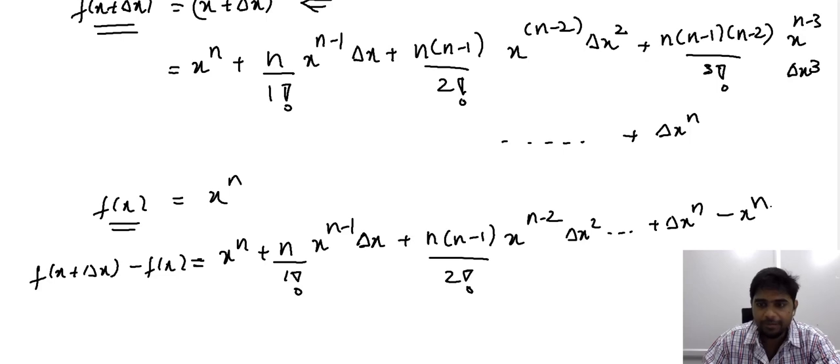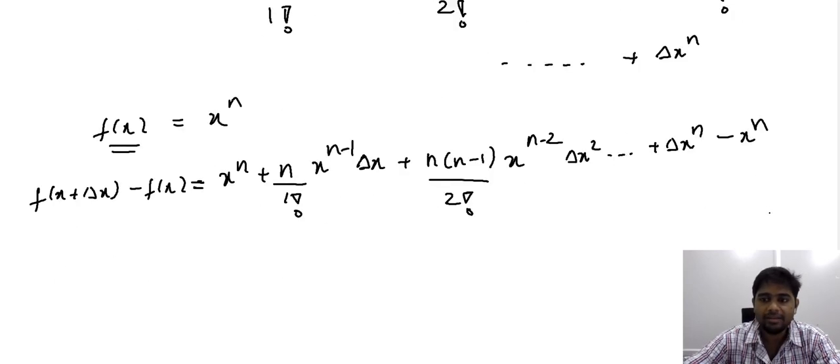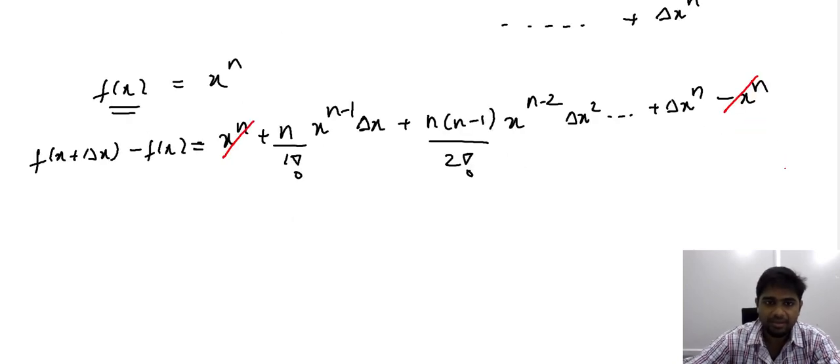Now it is possible for us to cancel these two x power n terms, and what we end up with is that the difference between f of x plus delta x and f of x is n x power n minus 1 delta x.